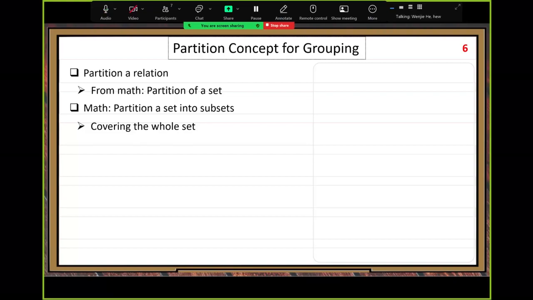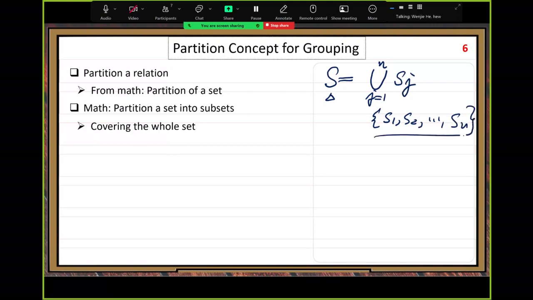So what is a partition? The union operator, right? Suppose we have a set called capital S. We want to divide it into a union of subsets Sj, where j equals 1 through n. So S is the original whole set, and you want to break it into S1, S2, up to Sn as a partition.